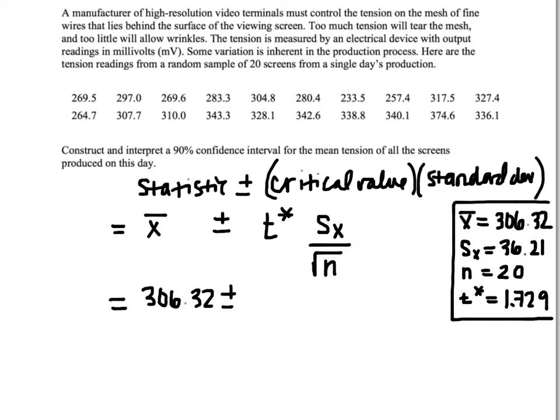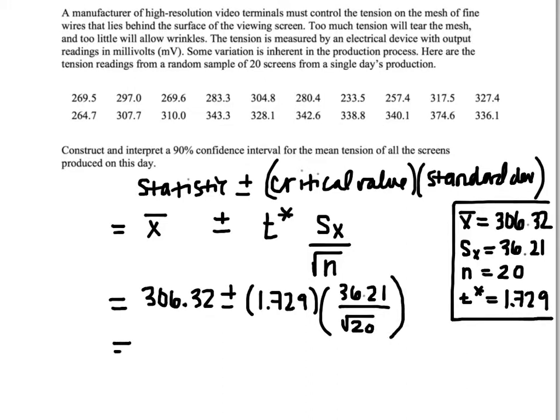306.32 plus or minus 1.729 times 36.21 over the square root of 20. And 1.729 times 36.21 divided by the square root of 20 is about 14.00.